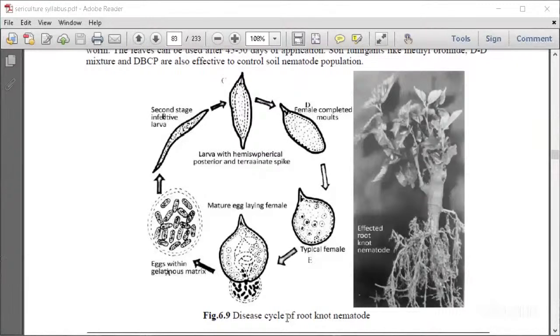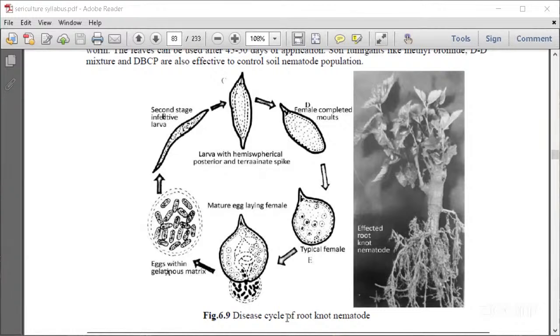Application of nematicides like aldicarb or carbofuran at the rate of 30 kg per hectare per year in 4 equal splits along with fertilizer is a good combination to control the worm.